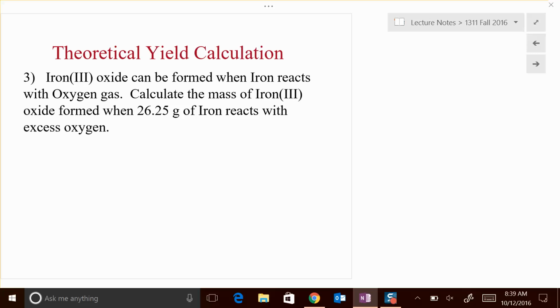We'll figure out exactly how it goes. The oxygen's in excess, so it's not part of it.